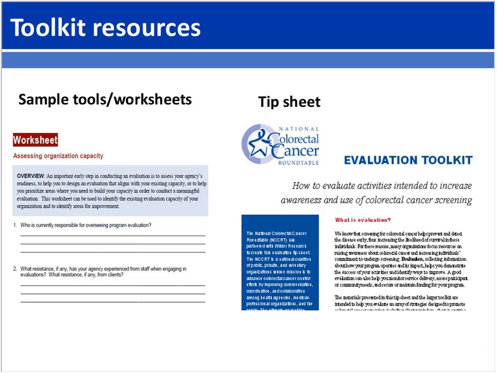There's an extensive appendix that includes a variety of tip sheets, sample data collection materials, worksheets, and other resources. There are some materials that have been translated into Spanish as a starting point for programs serving that population. And there's just a lot of samples and examples in there for you to work with.